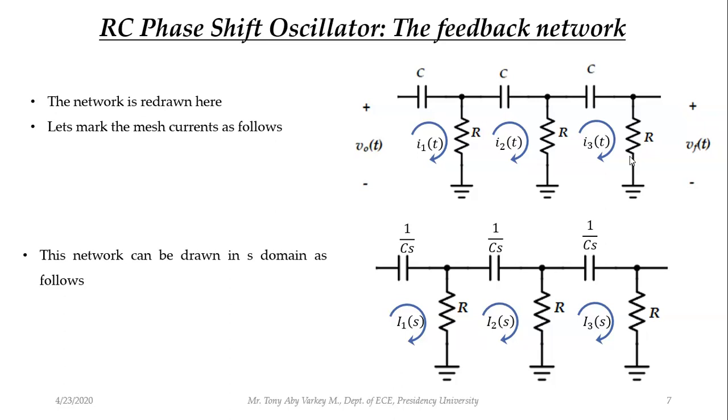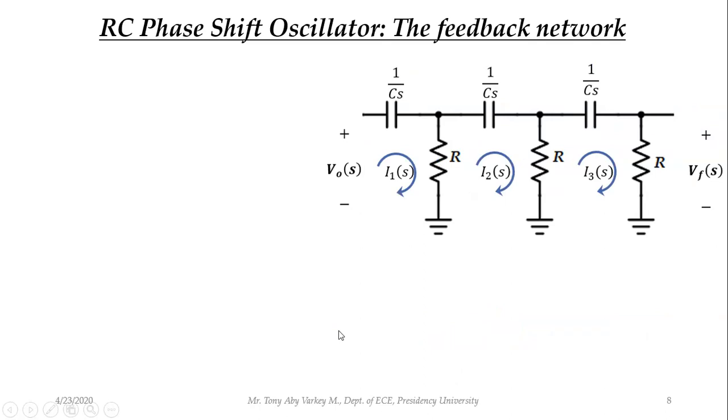V output of t will become V output of S, and V f of t will become Vf of S. So this is the S domain equivalent of the network. We will use this for analysis and for finding out the phase shift between the feedback signal and the output signal. Clear.